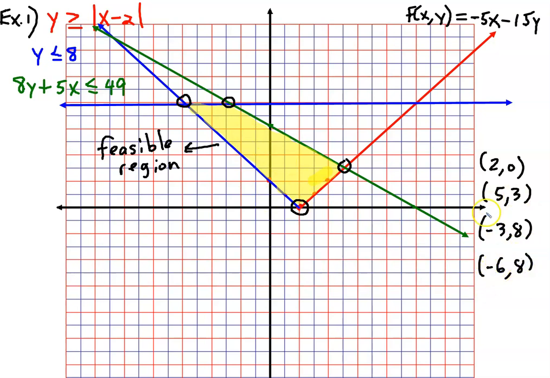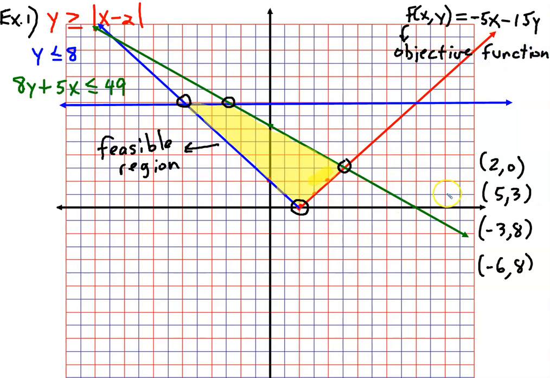And so the goal of linear programming is to take these vertices and use them in what we call an objective function. So this given function up here has a name. When you see this phrase, I want you to know what they're referring to. This is called the objective function.